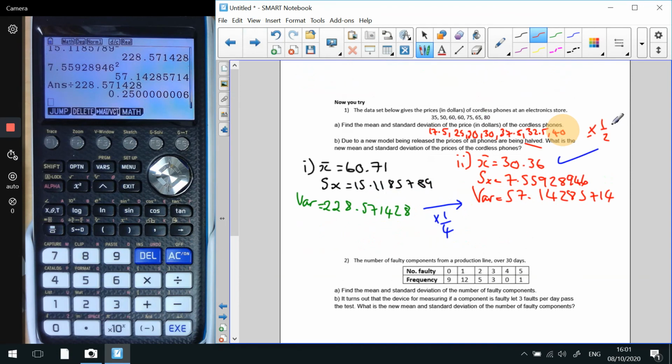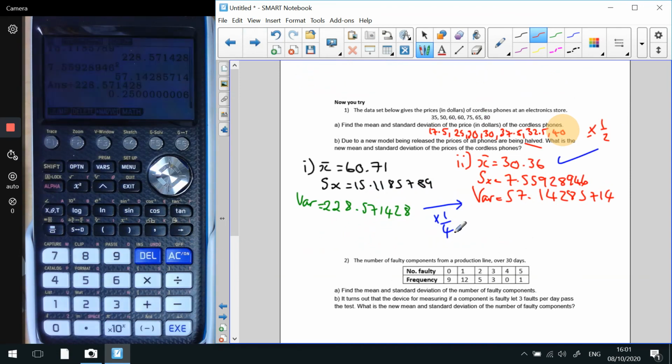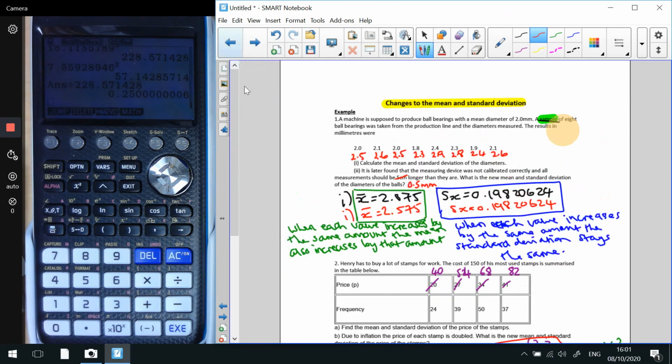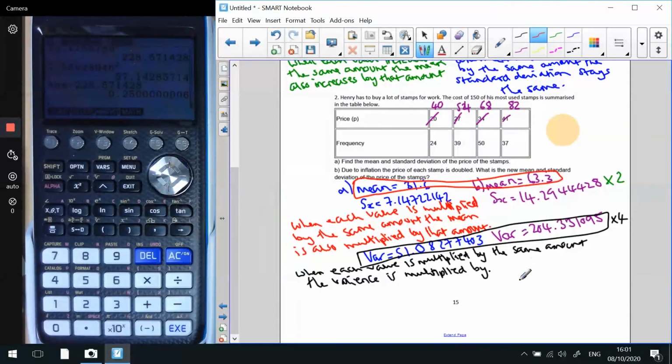Hopefully we're seeing that it's squared. 2 squared is 4, a half squared is a quarter. So if I go back to my prediction here, we are multiplying by the multiplier squared.